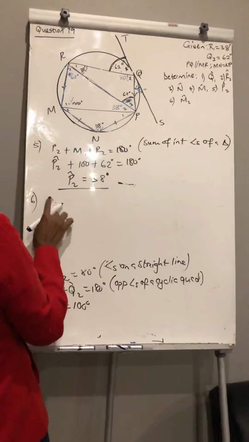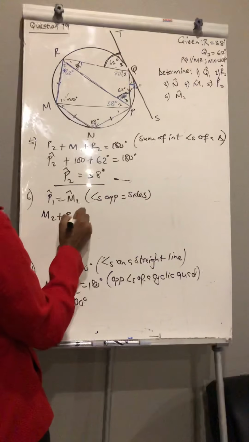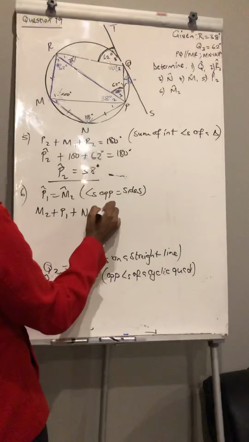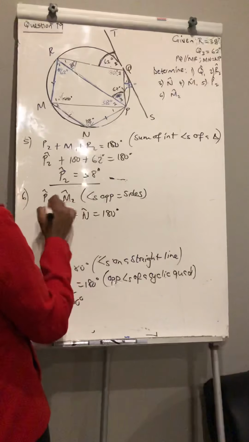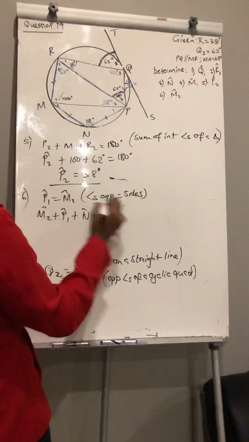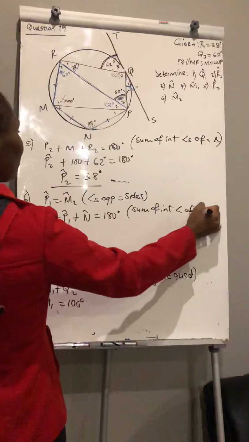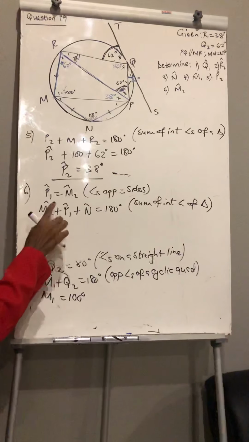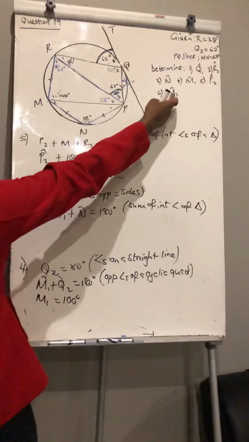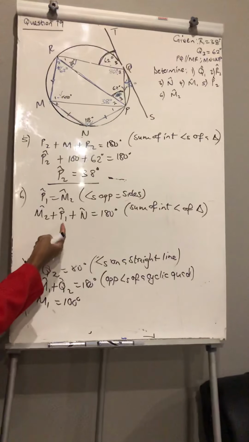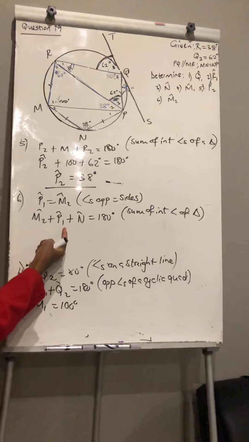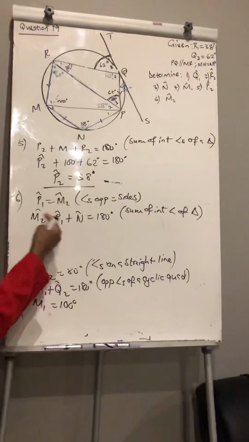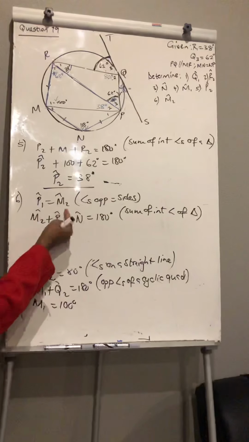So what it means is that in this statement, which says M2 plus P1 plus N is equal to 180, I can go and substitute. Since I only want M2, I can go and substitute in place of P1, I put M2 because they are equal.